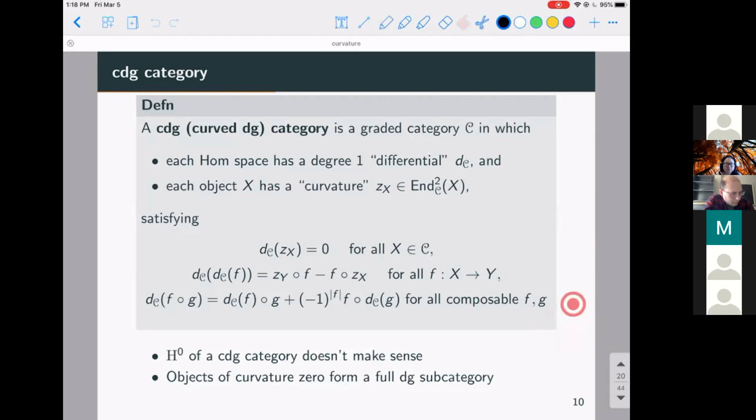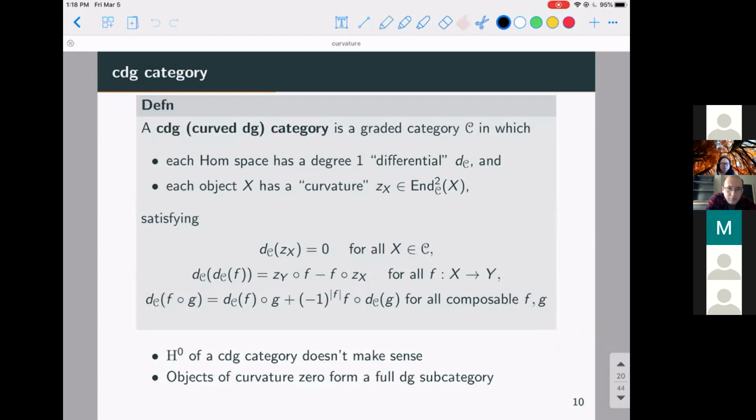So the last one is the familiar Leibniz rule, but the second one, which in a usual DG category would say D squared is equal to 0, now gets replaced by this equation involving a curvature that we saw before. And then there's maybe this slightly harder to motivate equation saying that the curvature is closed.